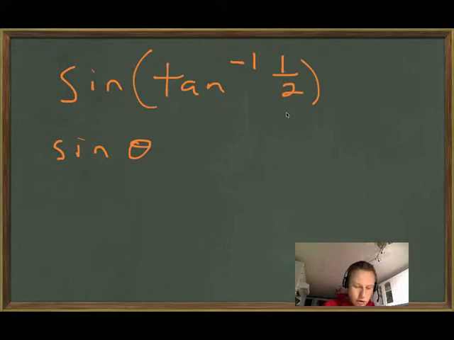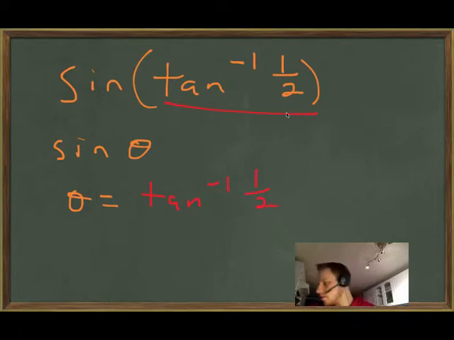So theta equals what is inside here. Theta is going to be equal to tangent inverse of a half. If tangent inverse is a half, then tangent theta is a half.